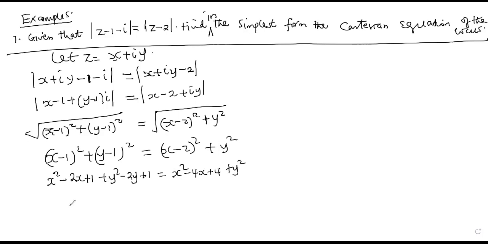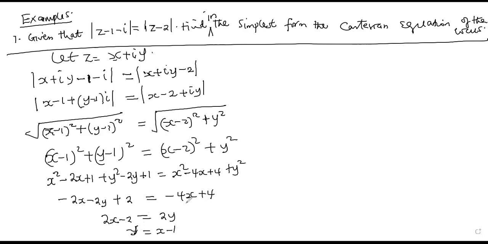So we shall have the simplified numbers: minus 2x minus 2y plus 2 on this side is equal to, this side, minus 4x plus 4. Bring that 2x, minus 2, is equal to 2y, and therefore when you divide through by 2, you get y as x minus 1.